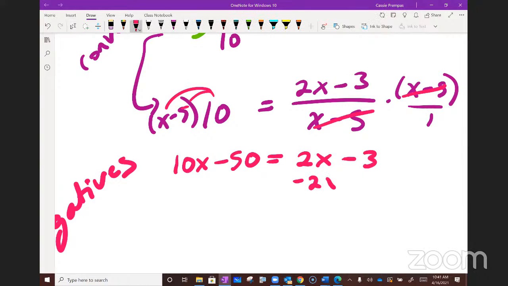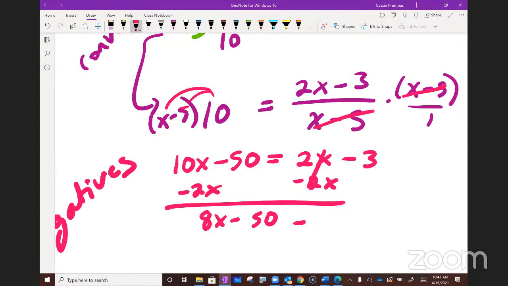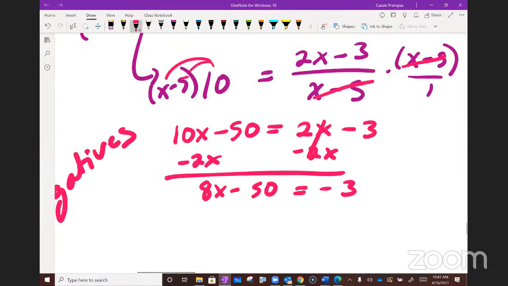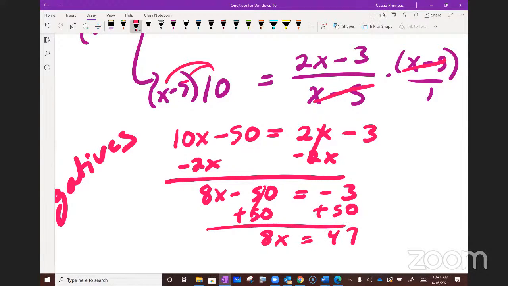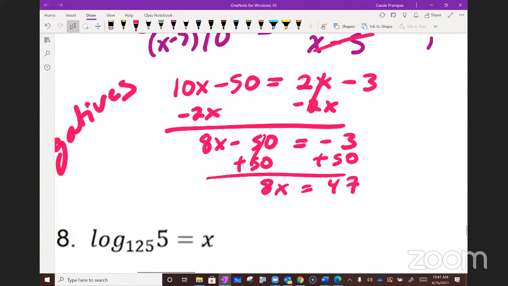So subtract 2x, which gives me 8x minus 50 equals negative 3. Add 50, which would give me 8x equals 47. And divide by 8. Woo, x is equal to 47/8.